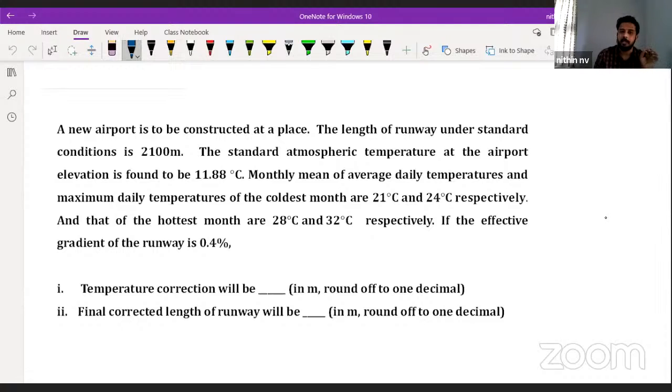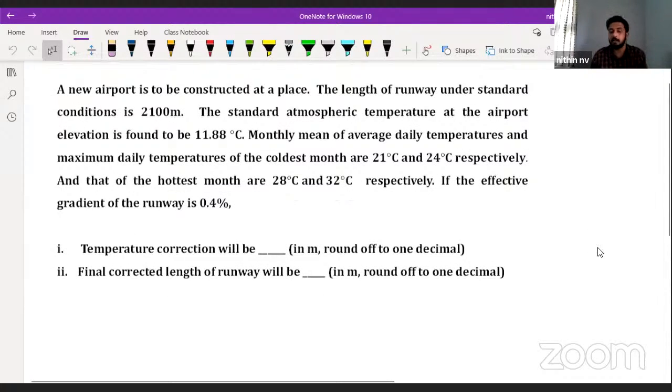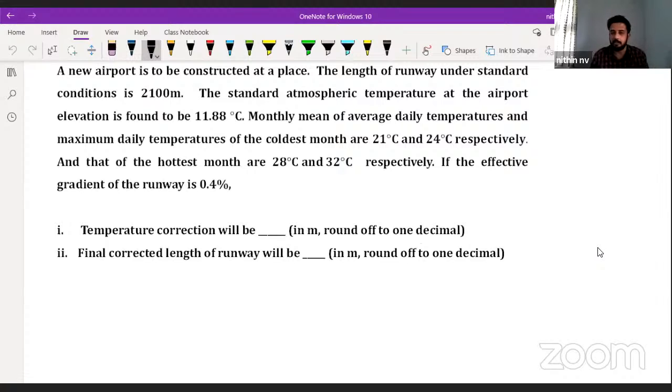So here, are you able to find the value of the elevation? Those who don't know how to apply the correction, better watch the last year video. Can you find the elevation here? They have given the standard atmospheric temperature at the elevation of the particular airport as 11.88 degrees Celsius.